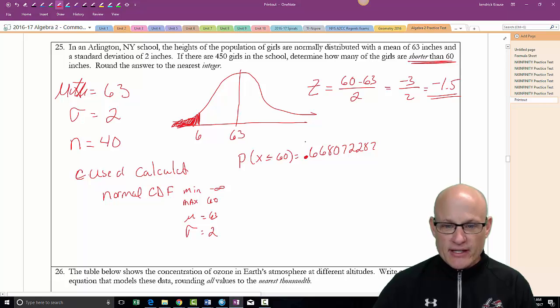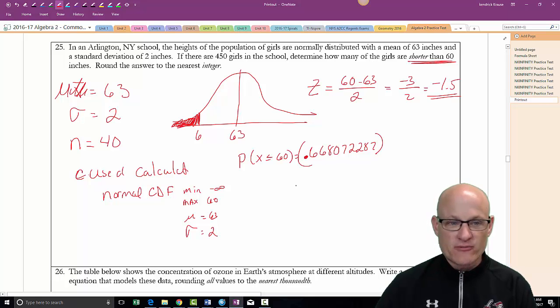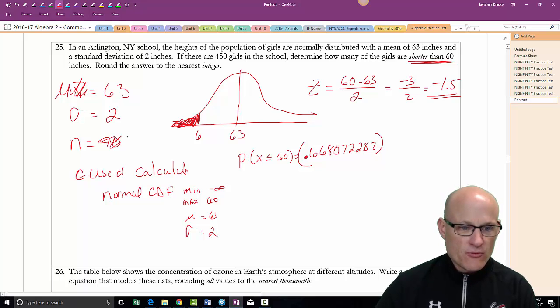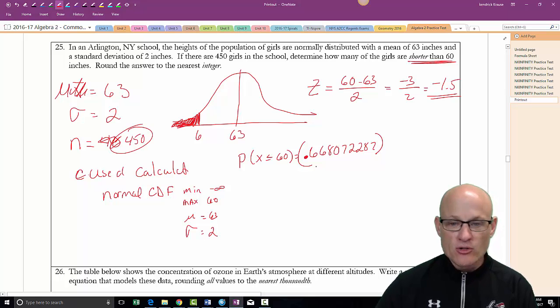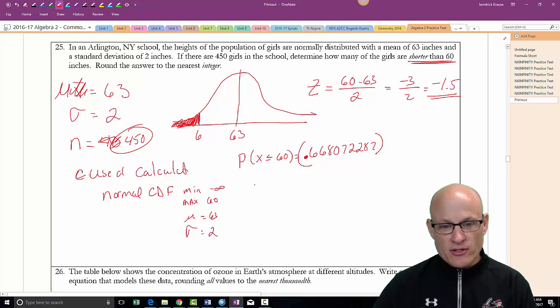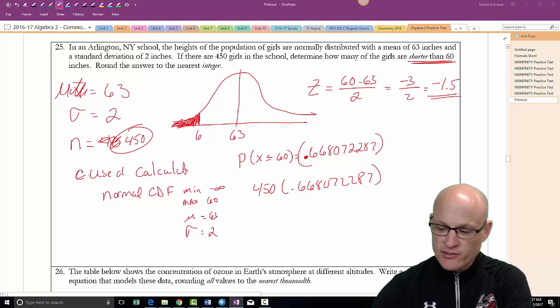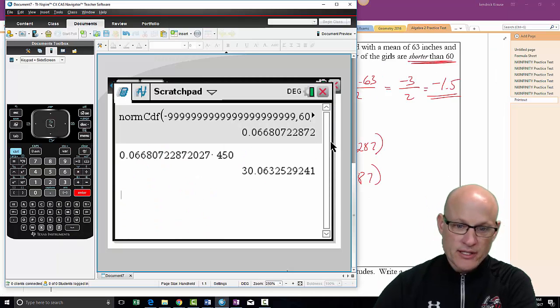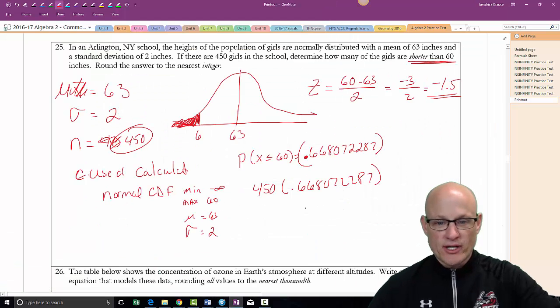So what I can do with that is say, hey, now we got 450. Somehow I forgot the 450 girls. So I'm going to take that number, 450, and simply multiply it by 0.668072287, and I get 30.06.